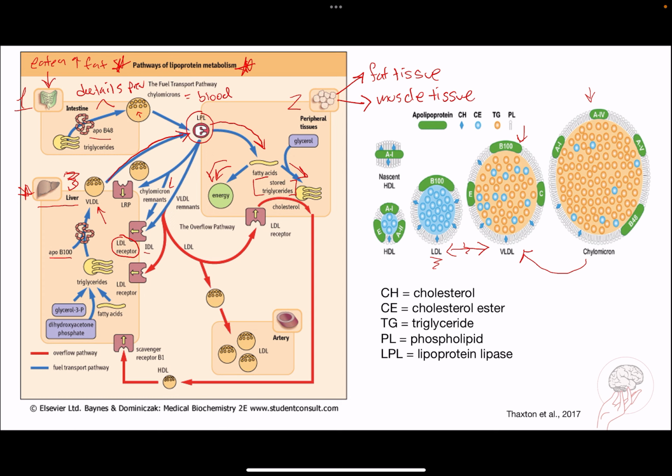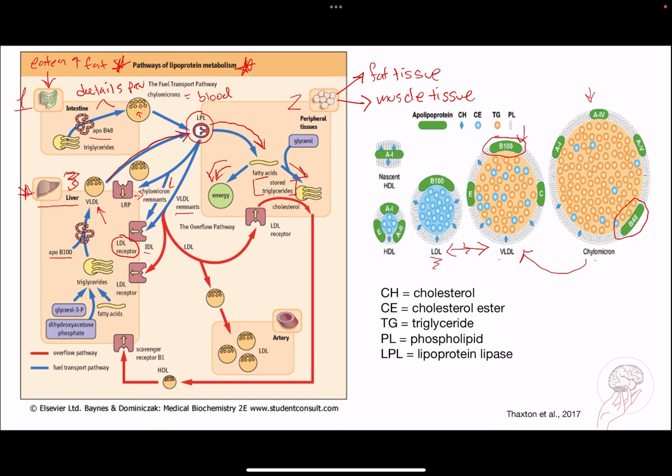The LDL receptor is able to tell the difference between the chylomicron remnant and the VLDL remnant, again, because of these proteins. And you don't need to know the proteins, you just need to know that the reason the body is able to tell the difference is because a VLDL has a different lipoprotein than a chylomicron.